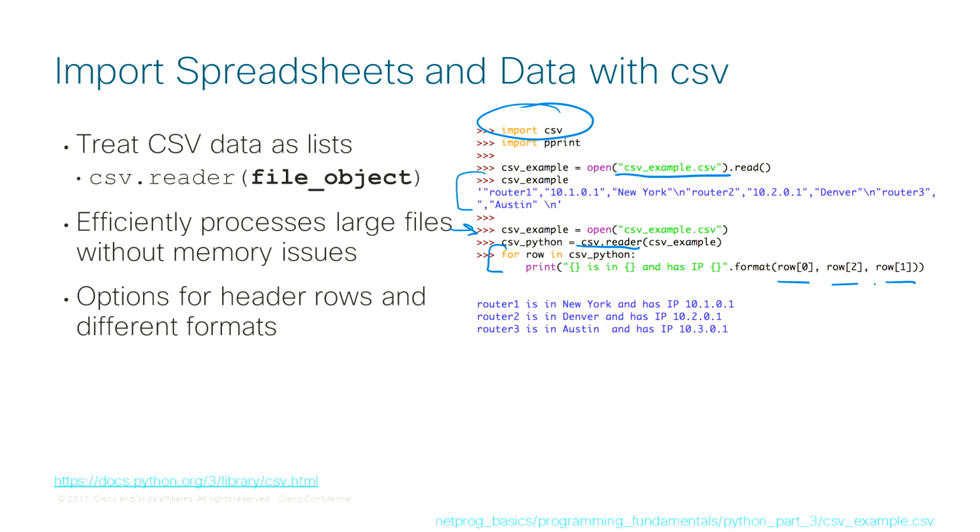So we can see row 0 is going to be imported in. And if we look back at our output, the first element inside of the row is router 1, the name of the router. So we take that detail, and it gets put into the first block. The second element in our CSV, so we're skipping over, this shows that we can reorder the details, gives me the location, in this case New York.